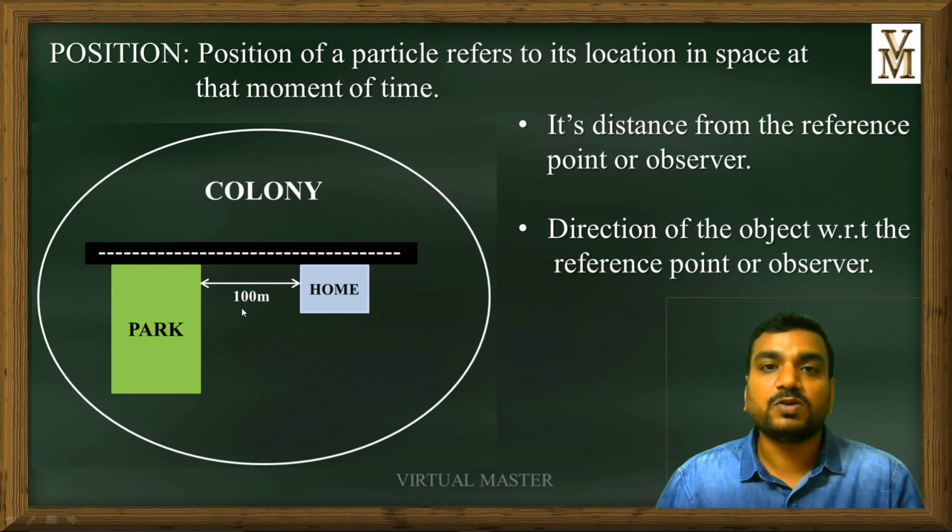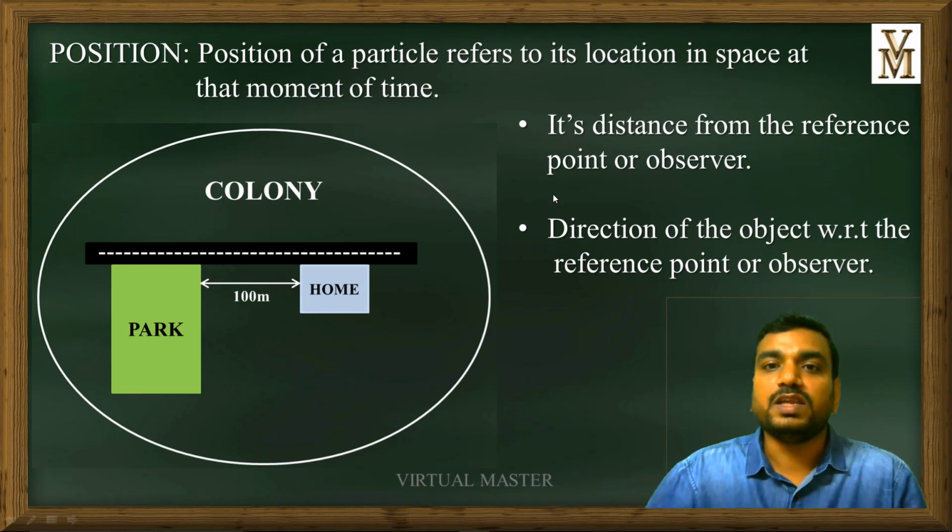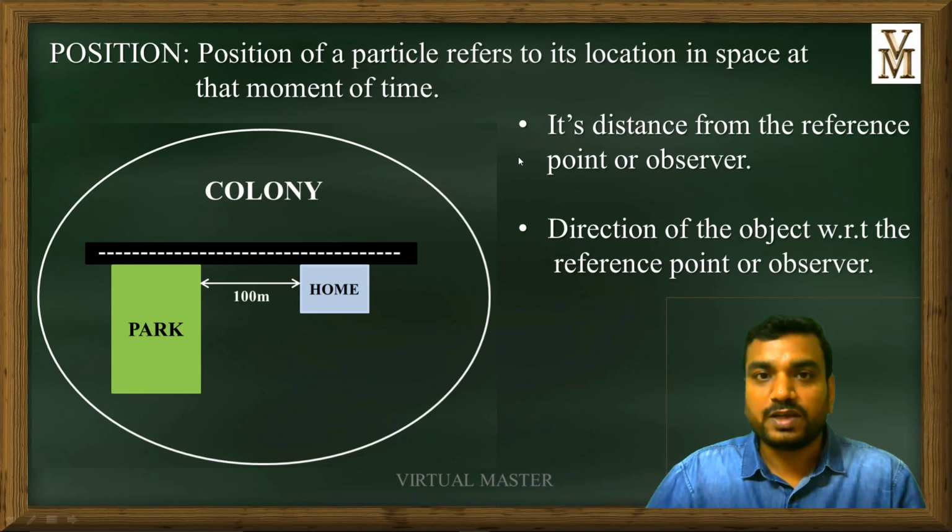Okay, here what are we doing? We are taking the park as the reference point. From this park, your home is located at a distance of 100 meters on the right side, isn't it? In a similar manner, to describe the position of any object, we need one reference point, and then we have to describe the distance of the particle or object from that reference point.